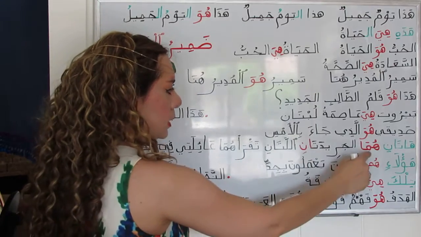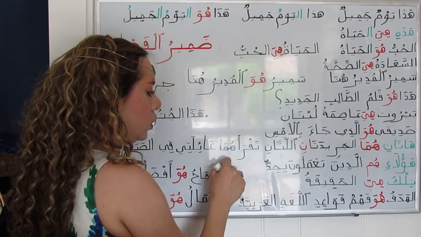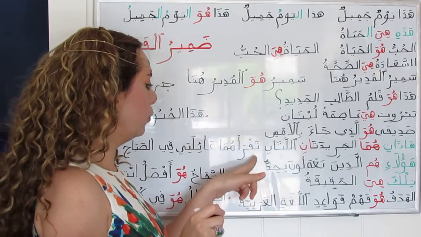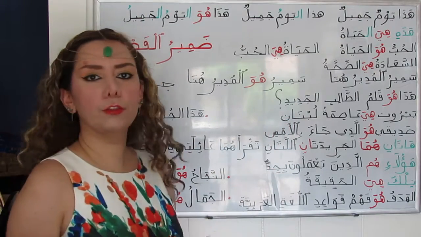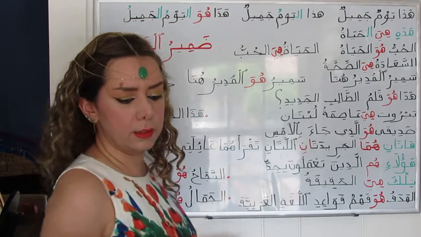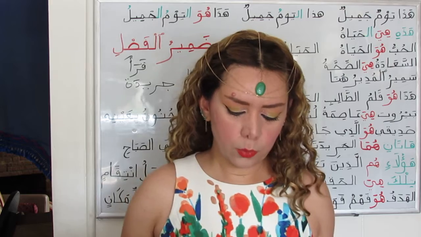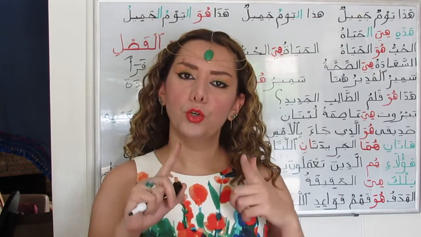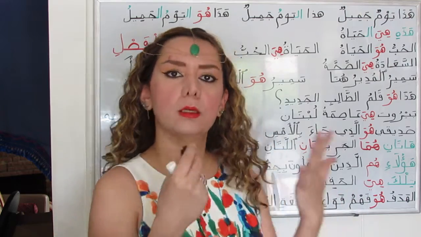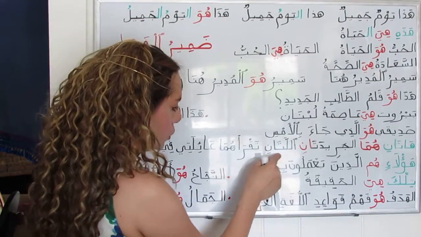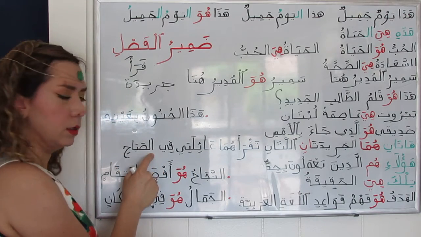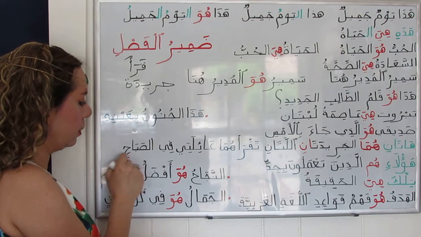Huma. See? You always need a returner that you stitch to the verb that comes after the relative pronoun. تقرأهما عائلتي. So these are the two newspapers which my family reads, in the morning. في الصباح.